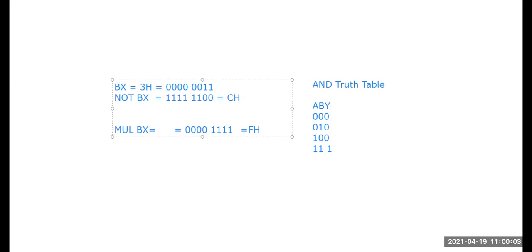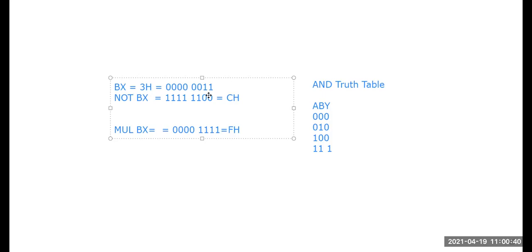Now, if you want to see it, we can see here that if NOT 3, then you are getting here C. So similarly, it will give you C. Okay, this is how the NOT works.